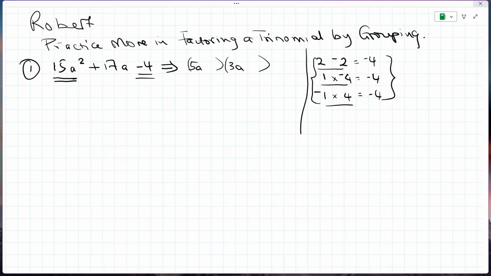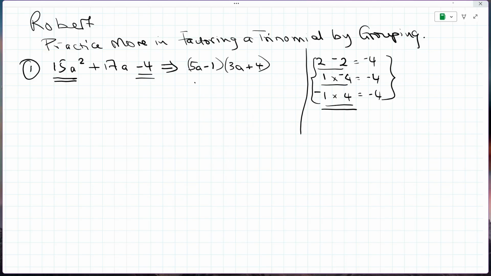Now, let's say begin with the last one here. 5a minus 1 multiplied by 3a plus 4. So we'll then work this out distributively to find out if we can get back to what we had there.